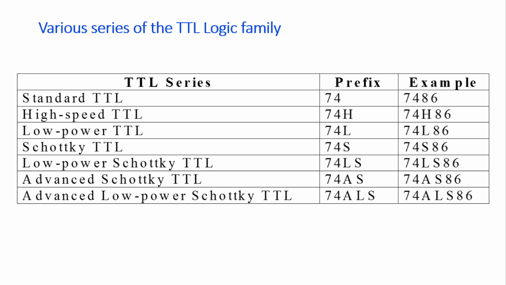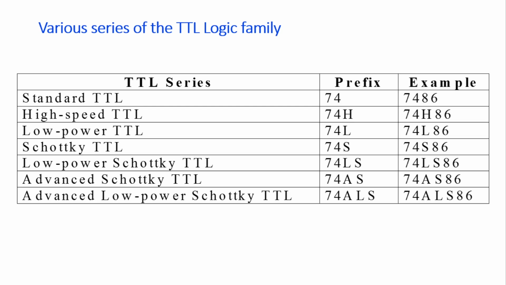Various series of TTL logic families. These are the TTL series: standard TTL, high speed TTL, low speed TTL, Schottky TTL, low power Schottky TTL, advanced Schottky TTL, advanced low power Schottky TTL. The prefix for the family ICs starts with 74, then 74H high speed, 74L low speed, 74S Schottky, 74LS low power Schottky, 74AS advanced Schottky, 74ALS advanced low power Schottky.